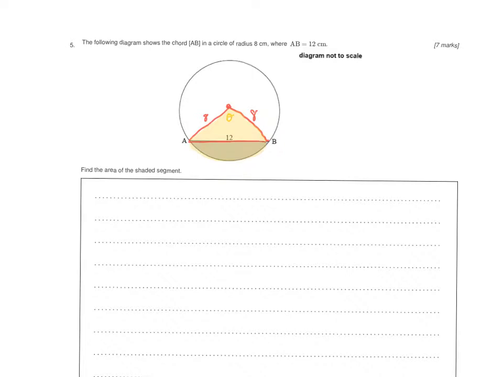Like that. And then that will leave us with this part that's shaded. So my strategy is going to be find the area of the sector and then subtract the area of the triangle.